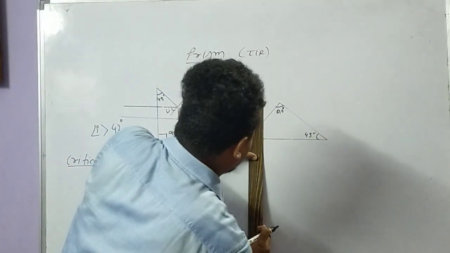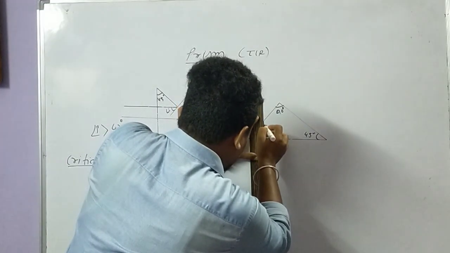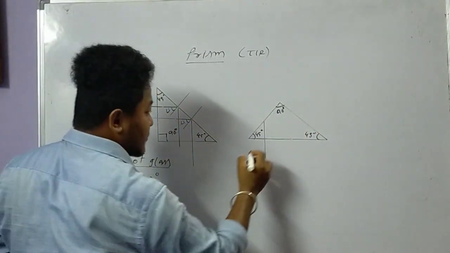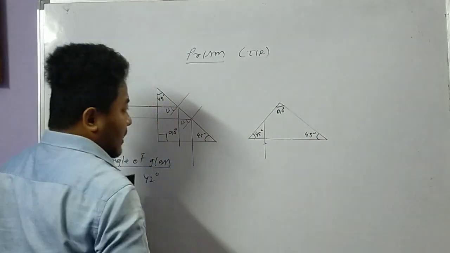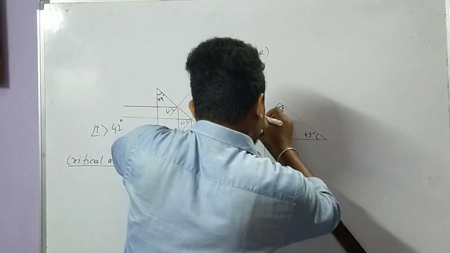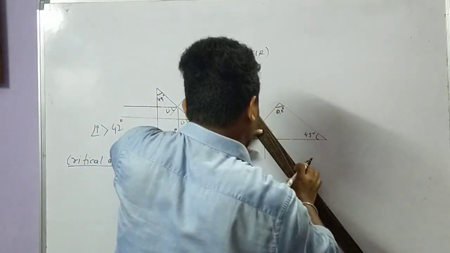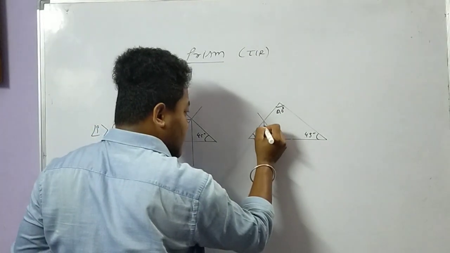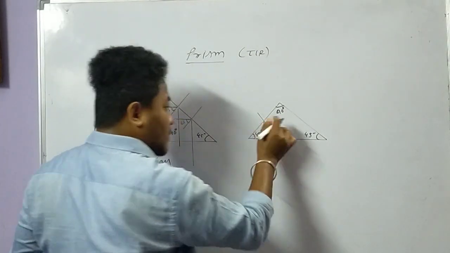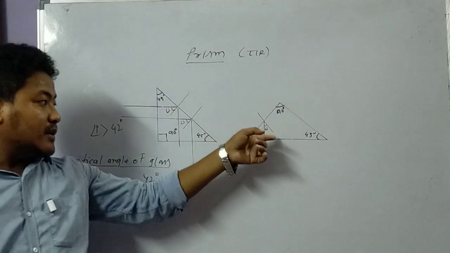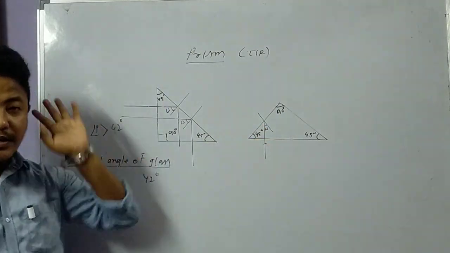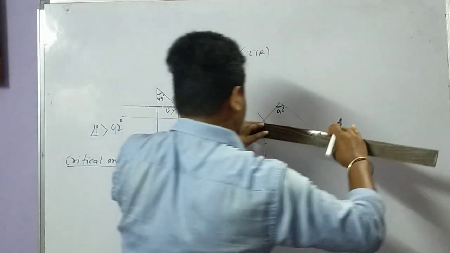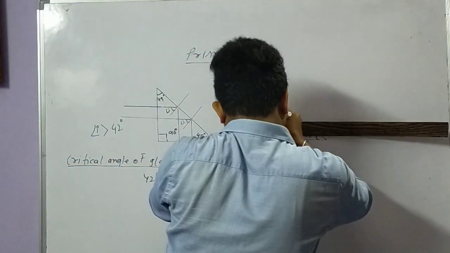If I take a ray of light incident like that, then what will happen? This will be the normal. This is going to be your angle of incidence, which will also be 45 degrees. So 45 degrees will be greater than the critical angle of glass, 42 degrees. So it will reflect like that.